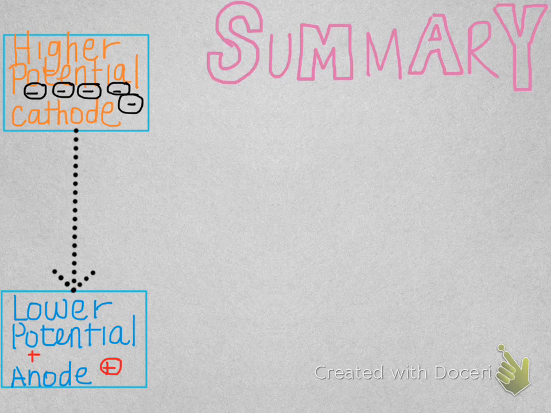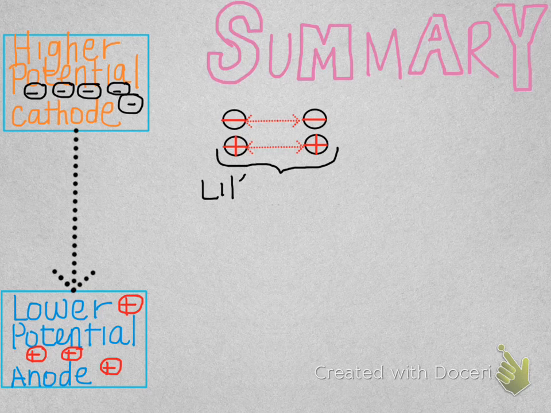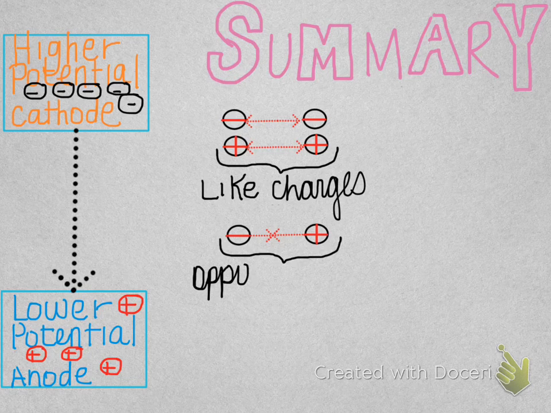This movement gives you a potential difference, which is a representation of voltage. We've also talked about Coulomb's law, which states that like charges repel one another and opposite charges attract.